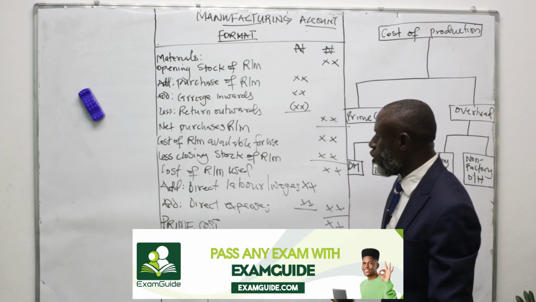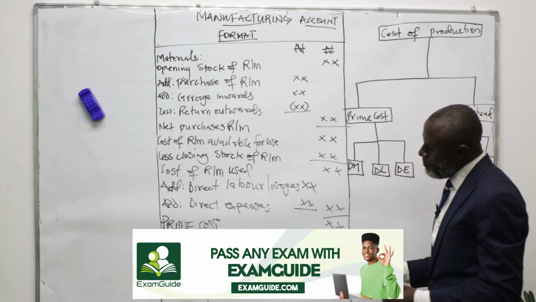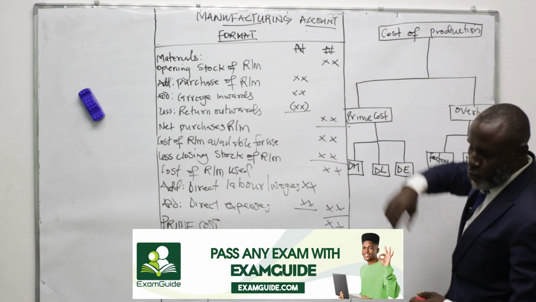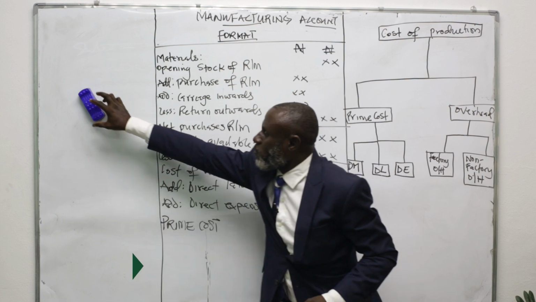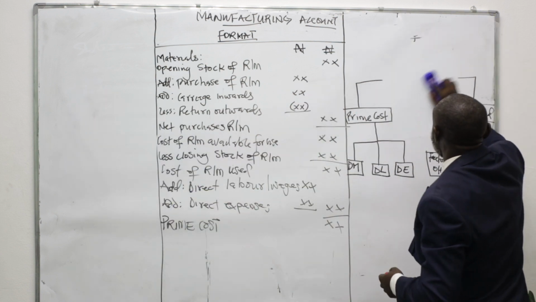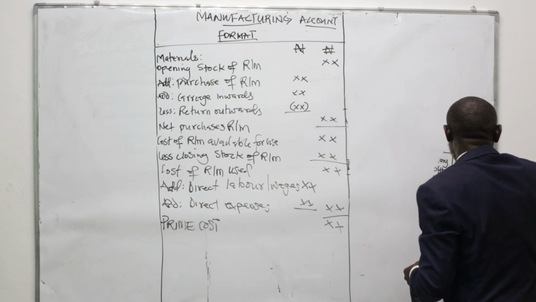Those are examples of direct labor and direct expenses. So at this point in time, we're going to add our factory overhead to be able to come up with our gross cost of production. Please let me, with your kind permission, wipe this other side of the board to continue with that format.